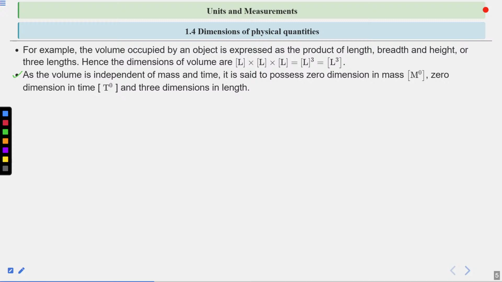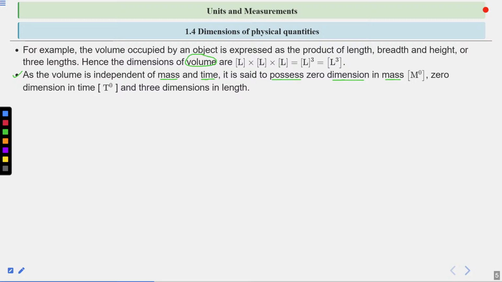As the volume is independent of mass and time, it is said to possess zero dimensions in mass and time.